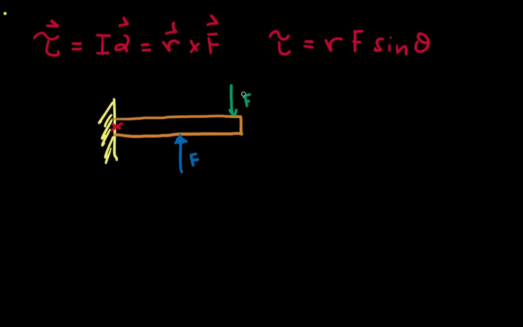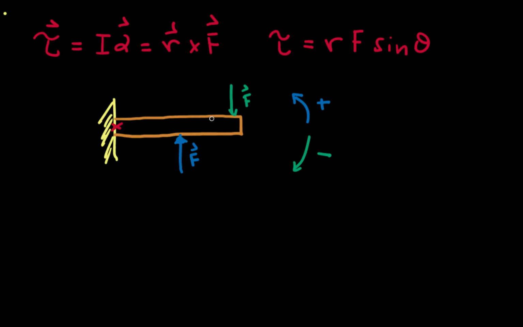there you go. Right. So what happens is, let's look at our sign convention, right? So F is trying to rotate this door this way, which means it's putting a positive torque on this door. And green over here is trying to get the door to rotate the other way, so it's negative, right?